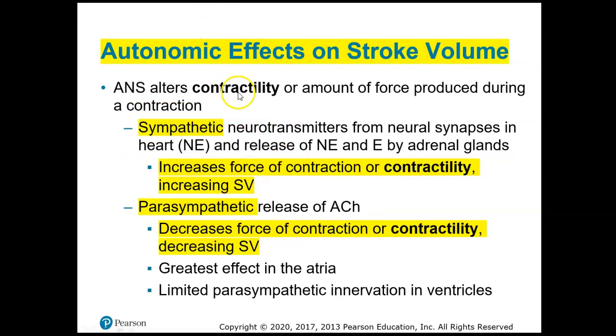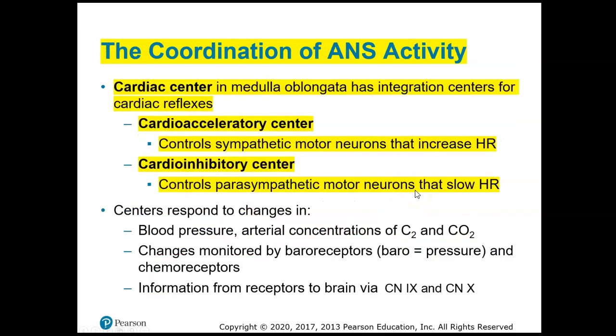Now, in addition to speeding up or slowing down the heart rate, the sympathetic nervous system can increase contractility, which means the force that the heart contracts with. So it increases the force of contraction, or contractility, and that will increase the stroke volume, which of course will increase the cardiac output. So the sympathetic nervous system can increase contractility, and the parasympathetic would decrease contractility.